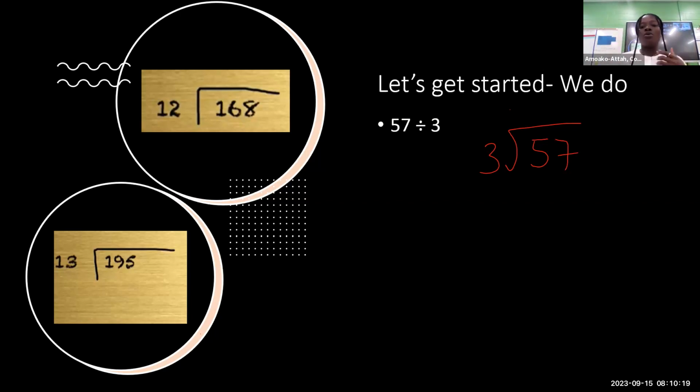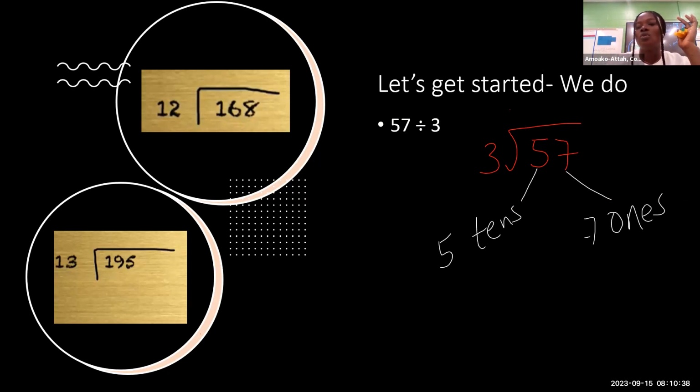All right, so 57, you ask your kids, 57 will be how many tens and how many ones? So 57 will be 7 ones and 5 tens. Good, so you have 5 tens and 7 ones.